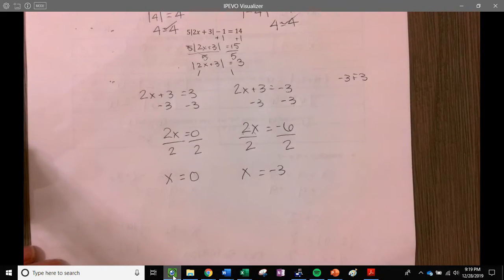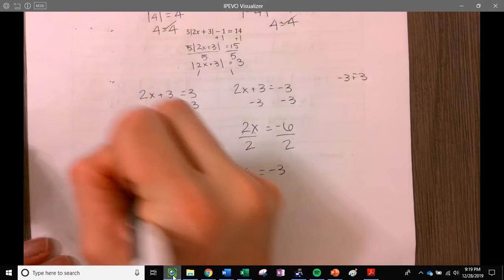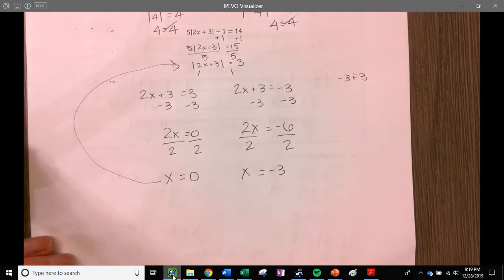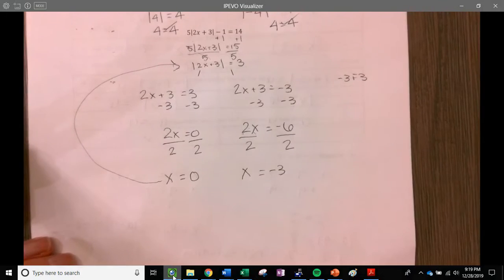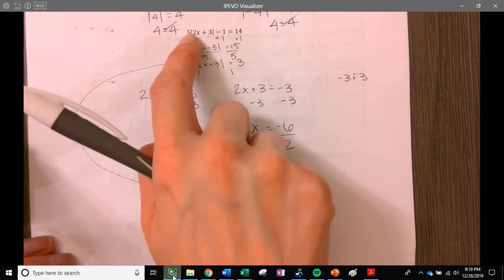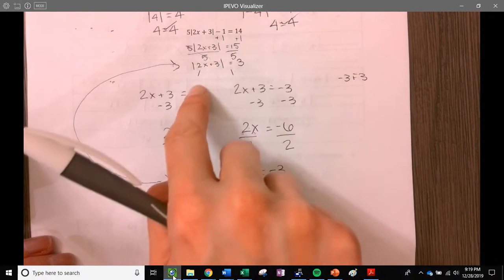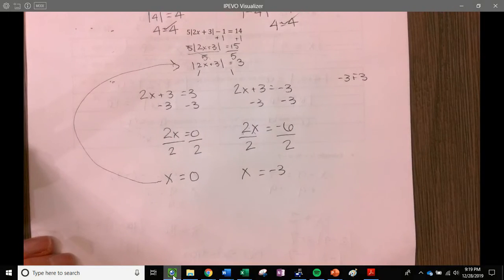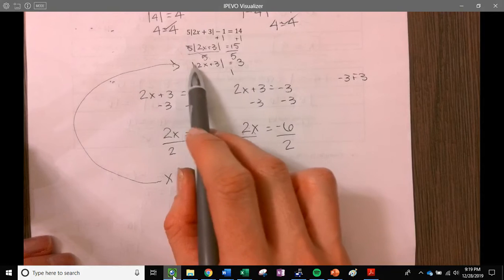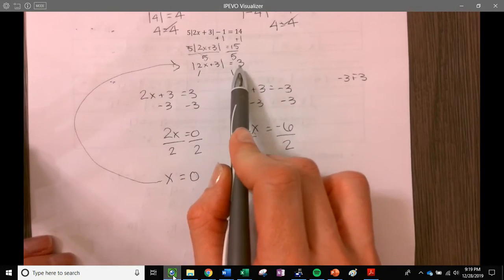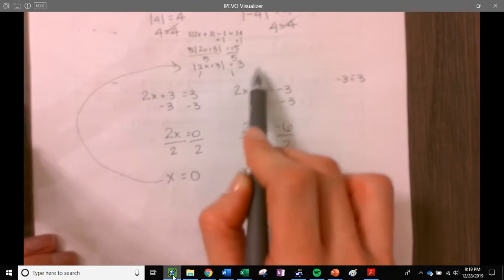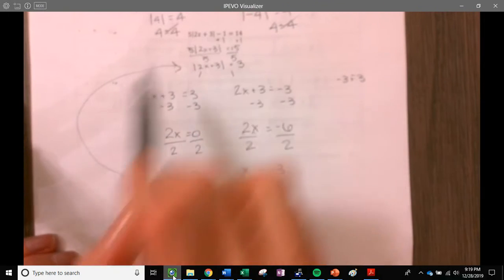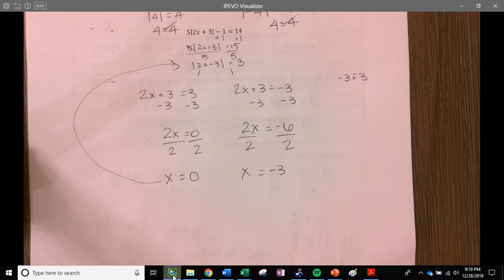So now we're going to check. We are going to go ahead and check using our simplified version of the equation. Don't make more work for yourself by putting it back up into this mess. Go into the absolute value of 2x plus 3 equals 3. We can do that because the absolute value of 2x plus 3 equals 3 is the same numerical value as 5 times the absolute value of 2x plus 3 minus 1 equals 14, right?